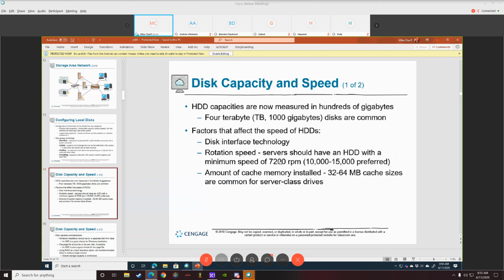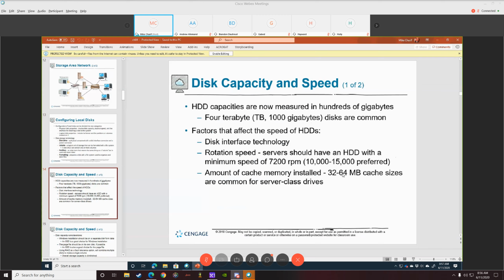Whenever you shop or research for a drive, you're going to see the speed. The 7200 RPM drive is going to be way cheaper than the 10,000 and the 15,000. That's why we used to use SCSI, because the SCSI drives we used to buy had 15,000 RPM, which is way faster than the other ones.